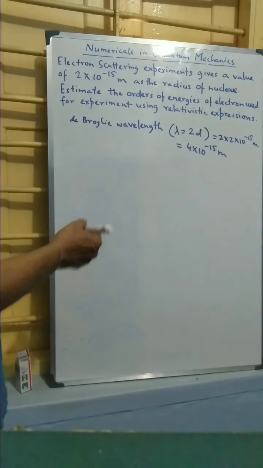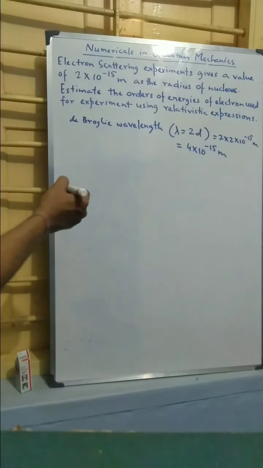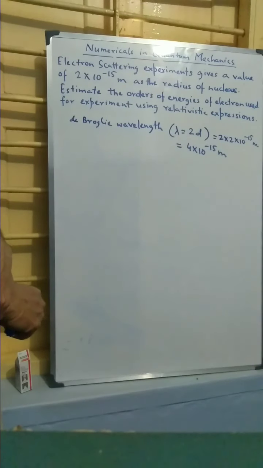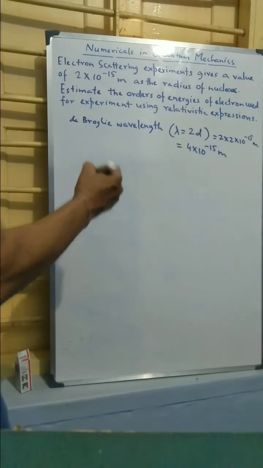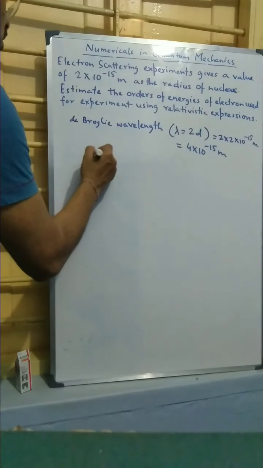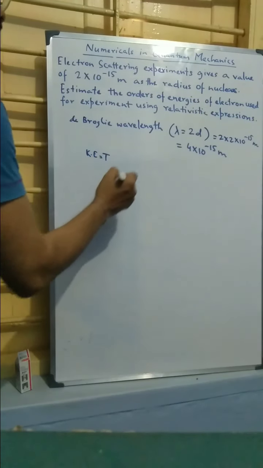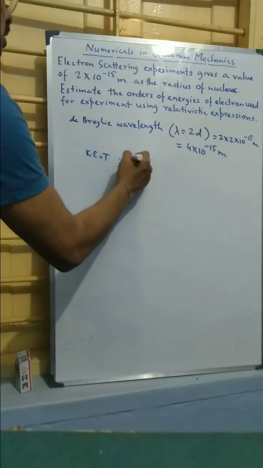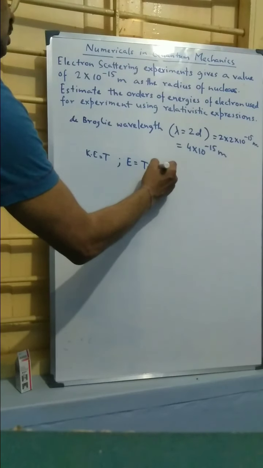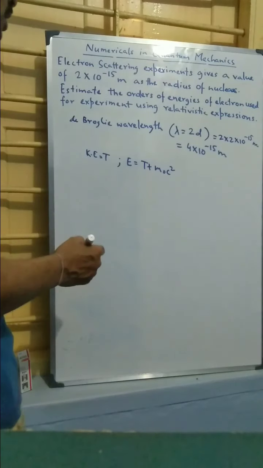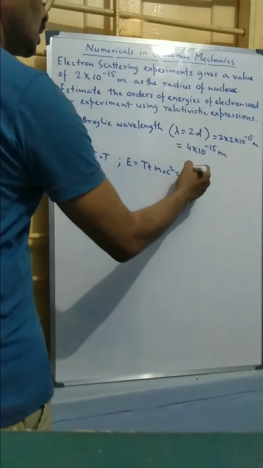Okay. So if this is the wavelength, we have already done this in our Compton scattering, that the relativistic correction is given by the total energy. If the kinetic energy be T, then the total energy E is equal to T plus m naught c square, where m naught c square is the rest energy and c is the speed of light.